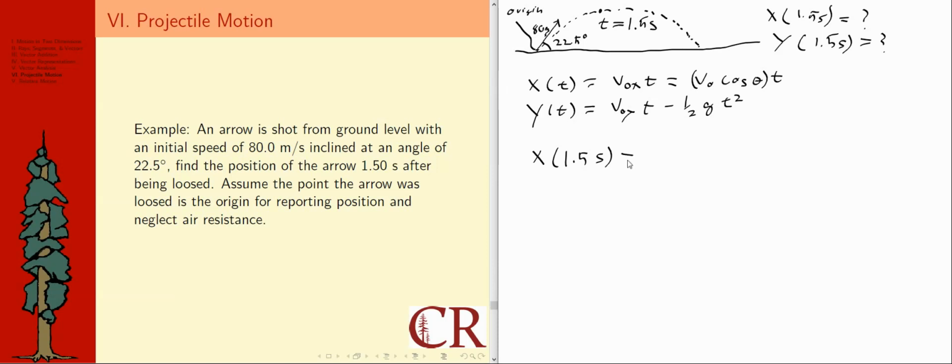So in this statement, where I'm calculating the x position at 1.5 seconds, I'm going to use this expression as a guide and just put in 80, keeping all the units: 80 meters per second multiplied by the cosine of 22.5 degrees. Then the t I'm going to replace with 1.5 seconds.